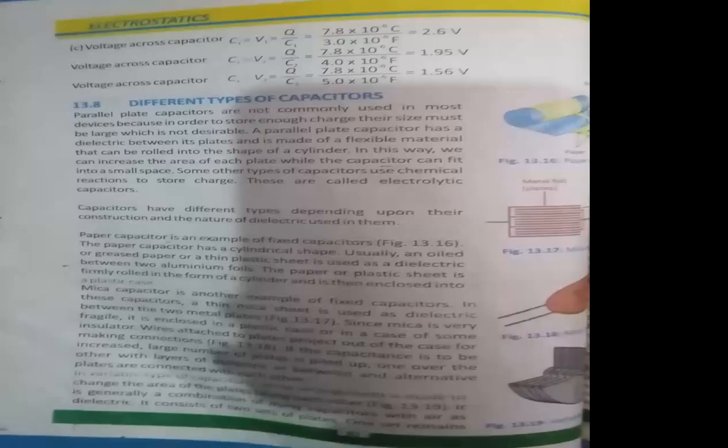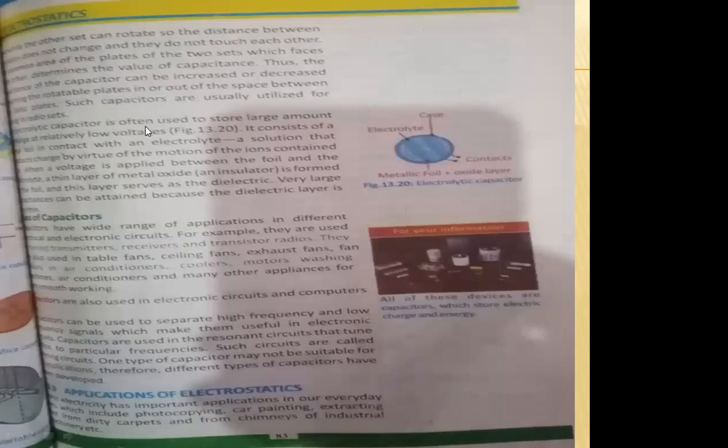Another type of capacitor is called the electrolytic capacitor. Electrolytic capacitors are used for large capacitance. For a bigger circuit, we want more capacitance, so we use electrolytic capacitors. An electrolytic capacitor is often used to store a large amount of charge at relatively low voltages.